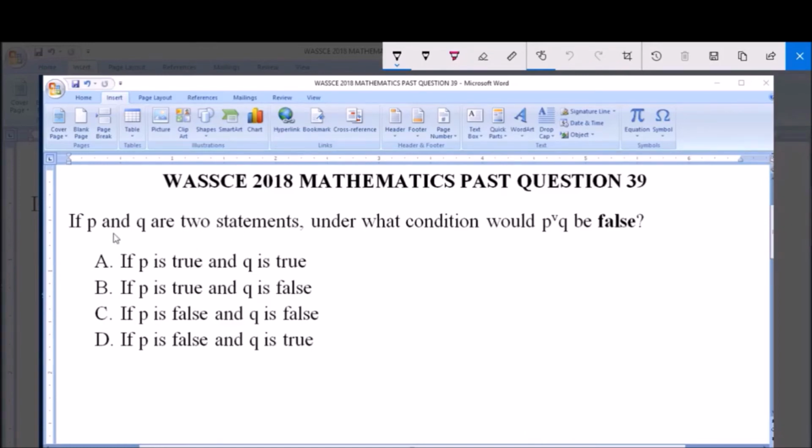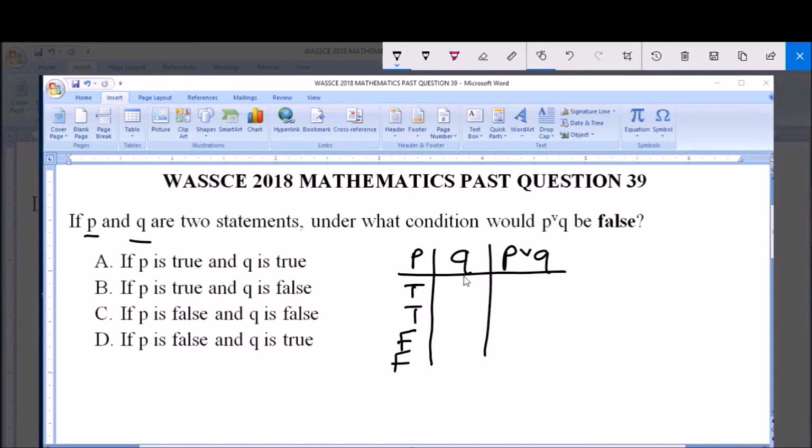Now these are two logical statements, P and Q. Under what condition would P or Q be false? Let's represent this using logical reasoning. We have P and Q, then we have P or Q. Let's assume for P we have true, true, false, false.